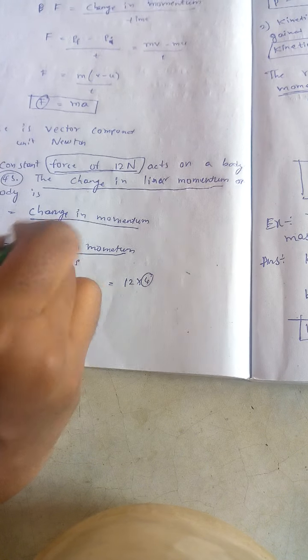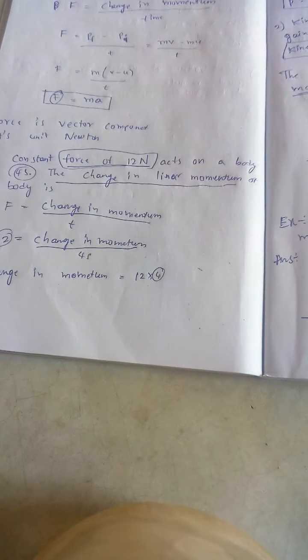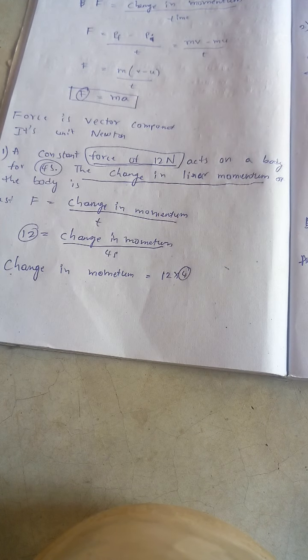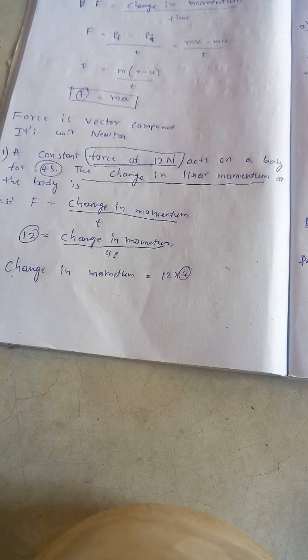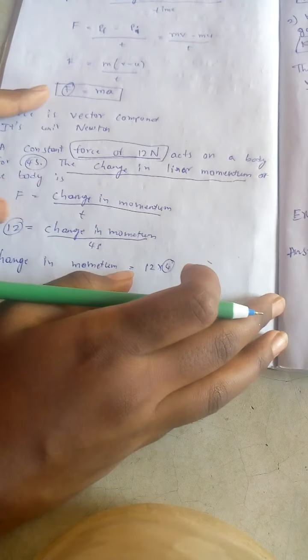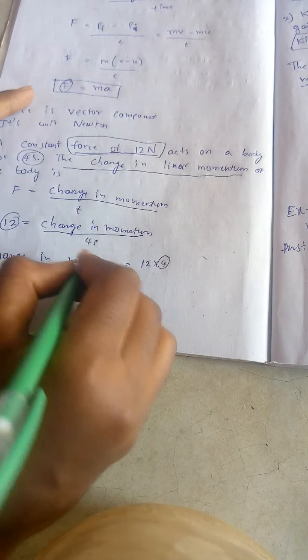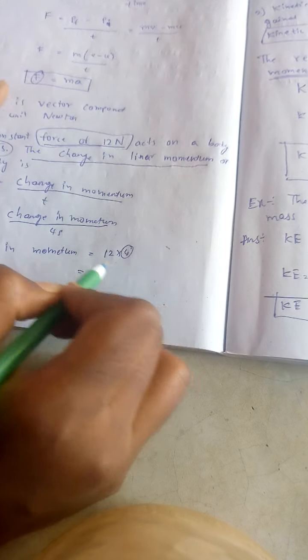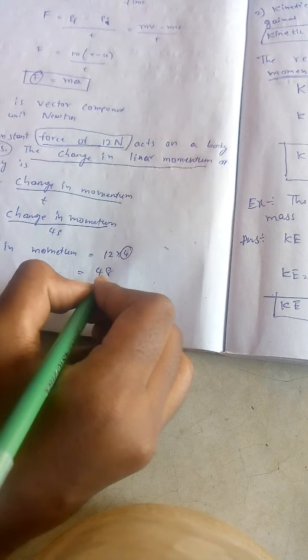Why is 4 multiplying with 12? You may have a doubt. Because here it is dividing, when it goes to the left hand side, it will multiply with 12. So 12 into 4 means what? 12 ones are 12, 12 twos are 24, 12 threes are 36, 12 fours are 48.